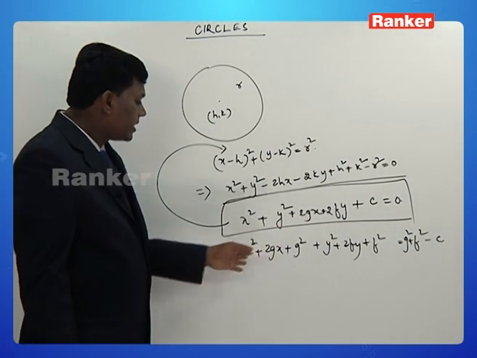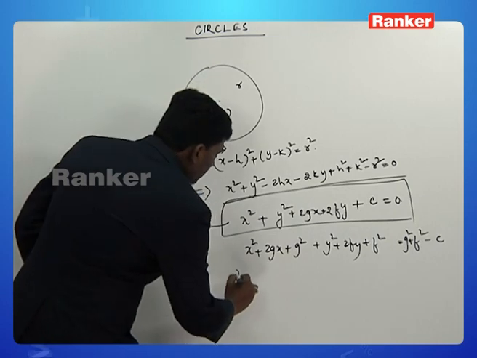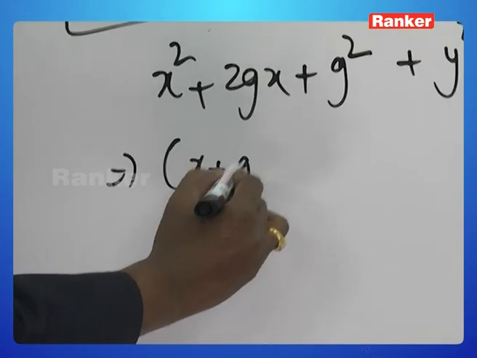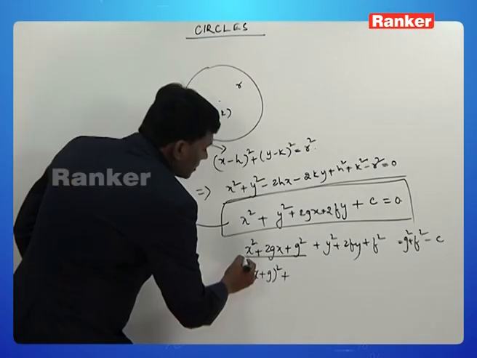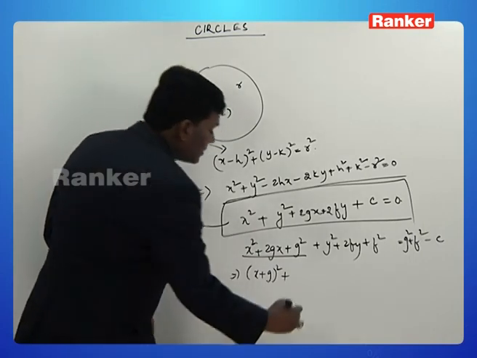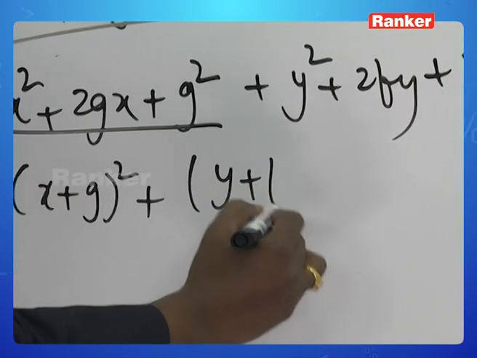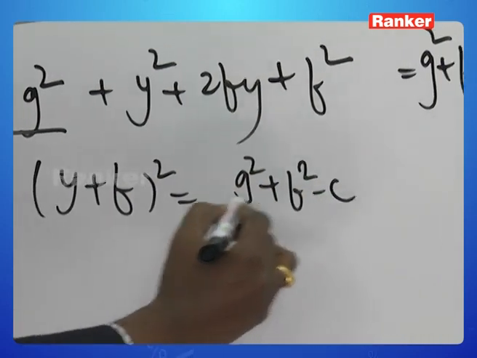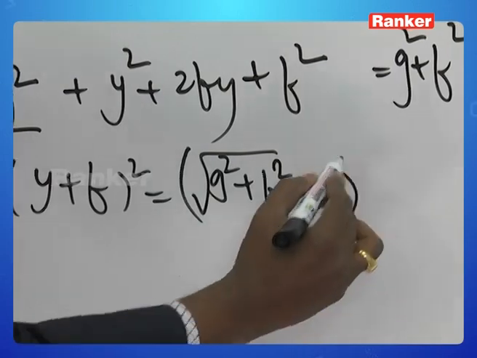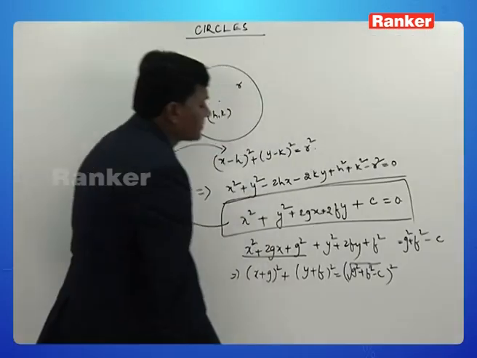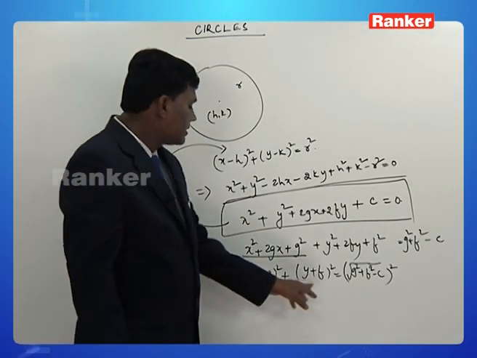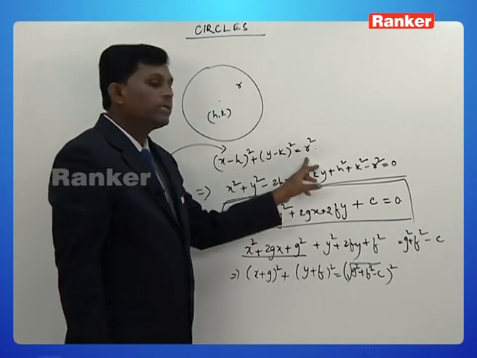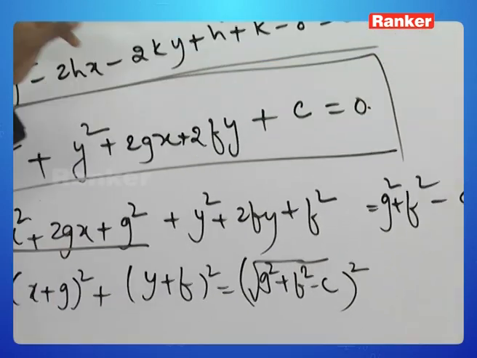So after addition, the equation has converted into the form (x plus g) whole square, since the first three terms are in the form of (a plus b) whole square, plus (y plus f) whole square equals the square root of g square plus f square minus c, whole square. If we write it, then it is completely in circle standard form, center-radius form.